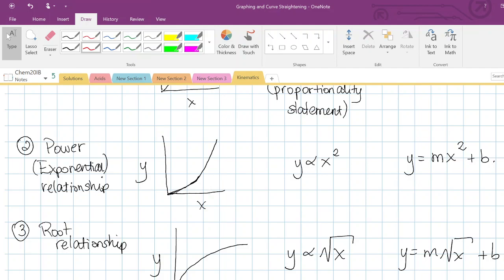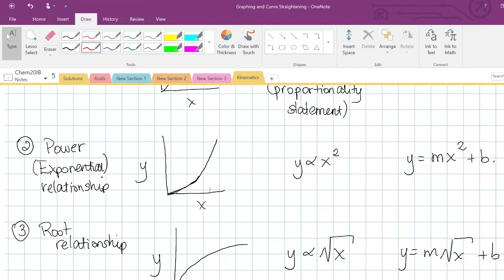So if our proportionality statement is y is proportional to x squared, what we're going to do when we manipulate that data is look at all of that x data, all of the manipulated data, and square each of those values. And then we're going to replot that particular curve.